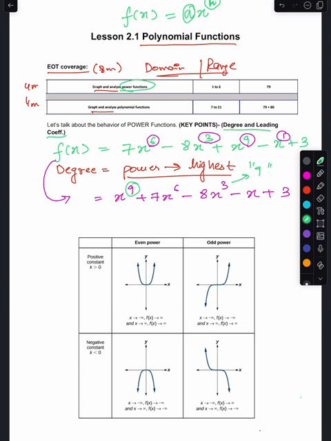And if I talk about leading coefficient, coefficients are nothing but the numbers with the variables. The numbers with the sign also we can talk about. So now leading coefficient means the one coefficient which is leading the polynomial.